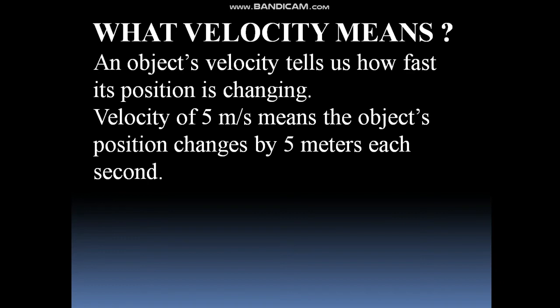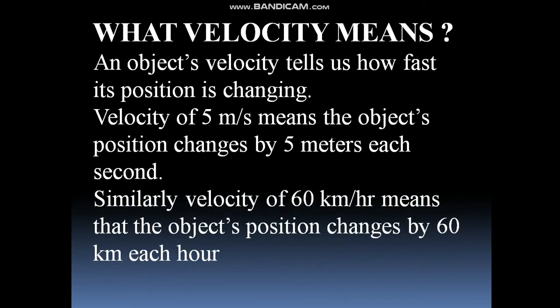For example, if a body is moving with a velocity of 5 meters per second, then this means the object's position changes by 5 meters every second. Similarly, if the velocity of an object is 60 kilometers per hour, it means that the object's position is changing by 60 kilometers every hour.